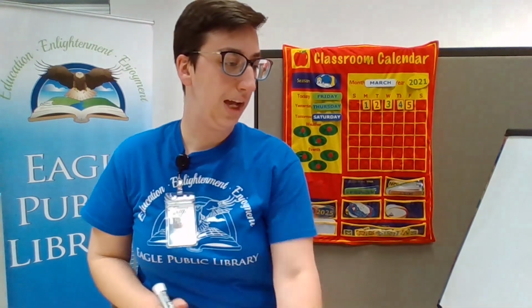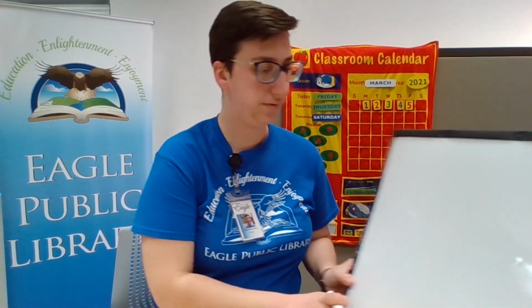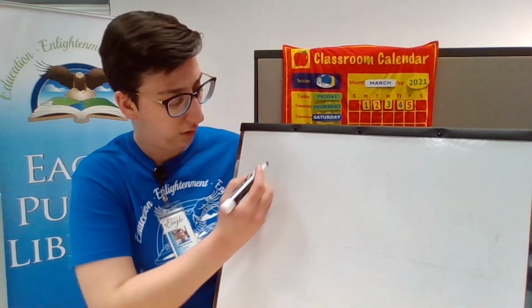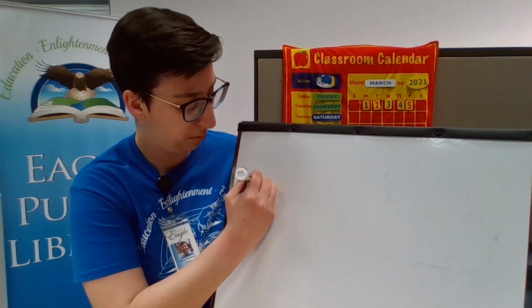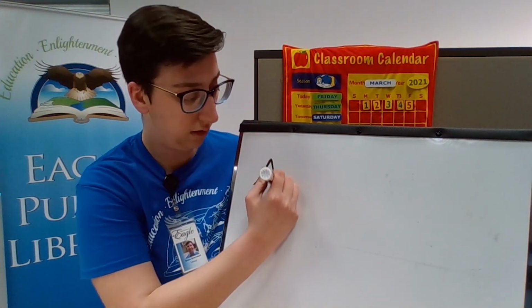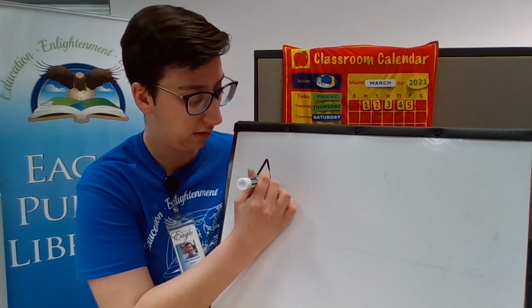All right, friends, so I told you we were going to learn a new letter today. We're starting at the very beginning of our alphabet with the letter A. So I'm going to show you how we write this letter. So we are going to draw up, down, and across.